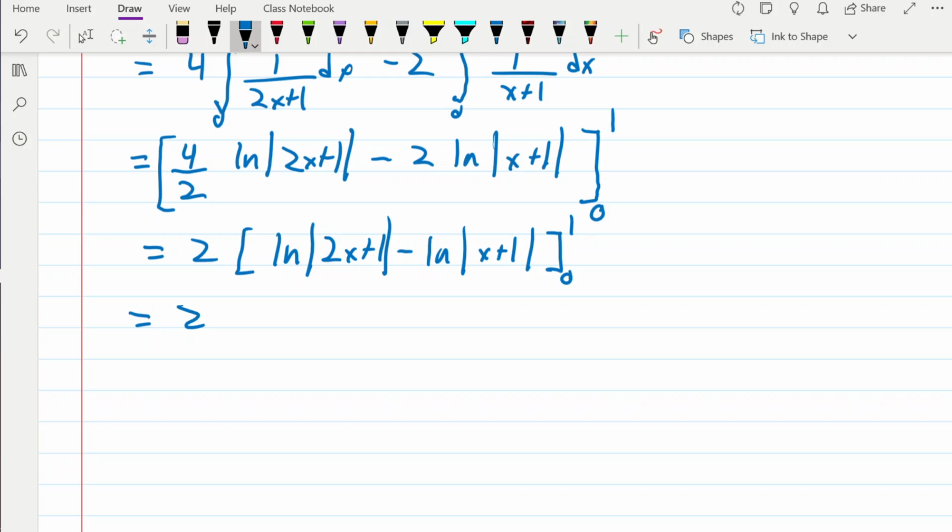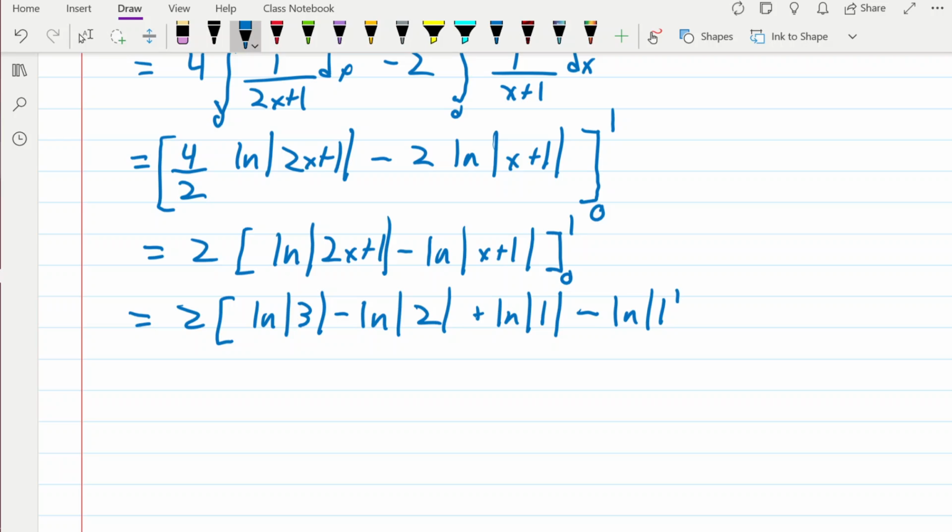So we're going to get 2 times, we're going to evaluate it at 1 first, so ln of 3 minus the ln of 2, plus ln of 1 minus the ln of 1. So the ln of 1's will cancel out, so we're going to end up with 2 times ln of 3, which we could use parentheses now, minus ln of 2.